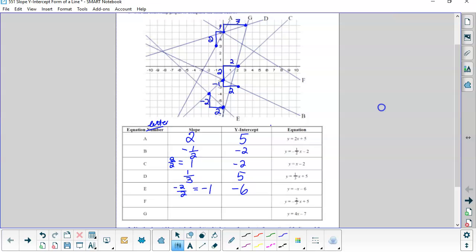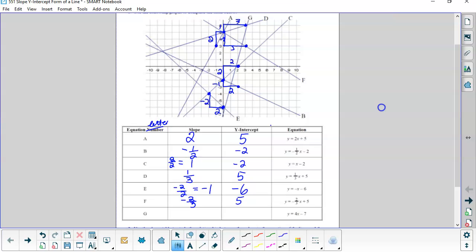Okay, F, again, the y-intercept is plotted there. This looks like a nice point here. So I have to go down 2 to the right 3, and my y-intercept is 5. So negative 2 over 3x plus 5.